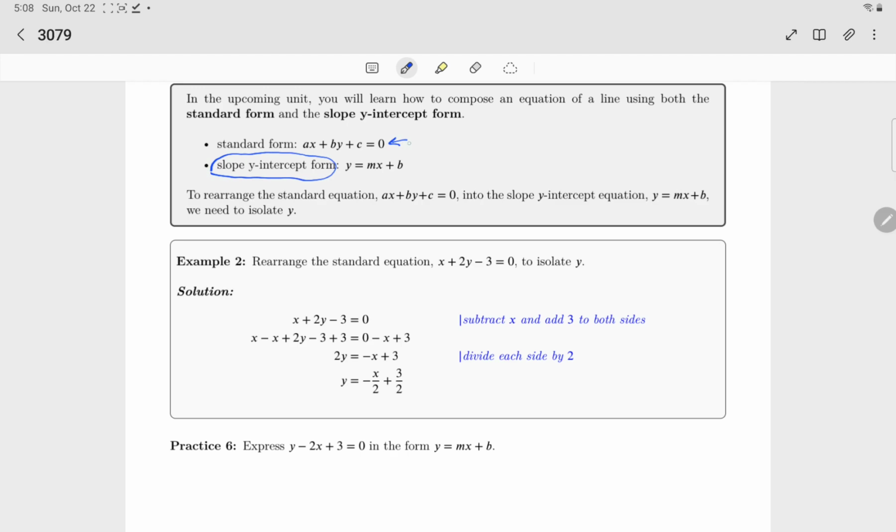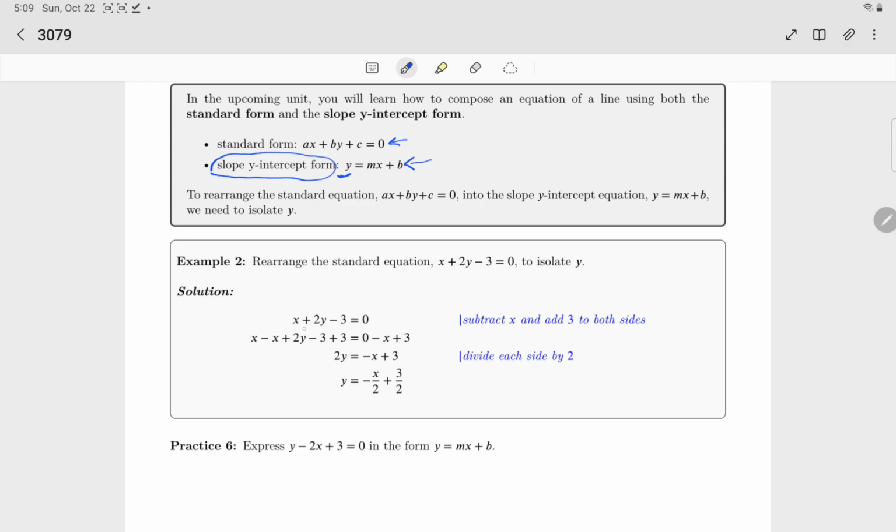And we're going to take this equation and rearrange it into the slope y-intercept form. All we have to do is to keep y on the left side and have x and the constant on the right side.